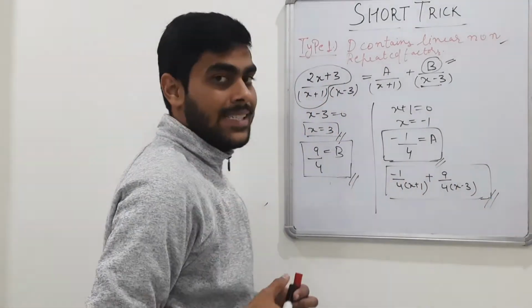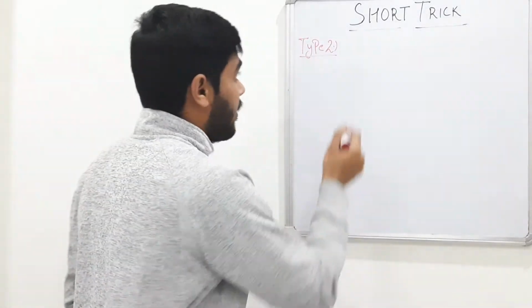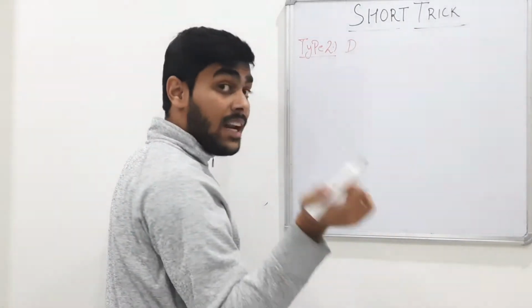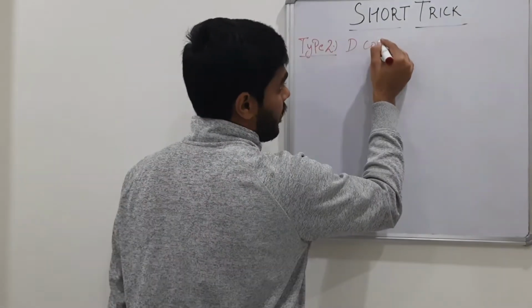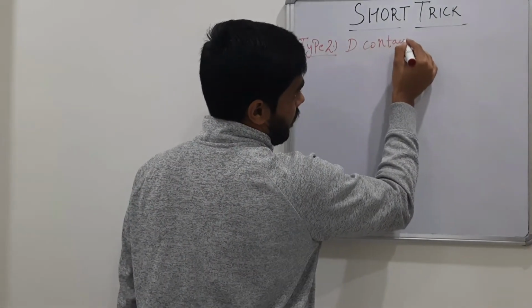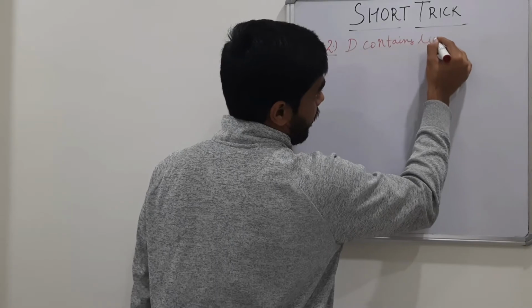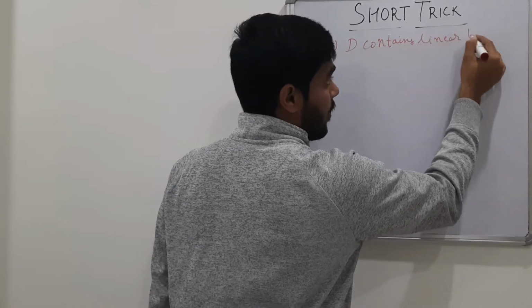Now moving to the second type. The second type is when the denominator of the rational fraction contains linear but repeated factors.